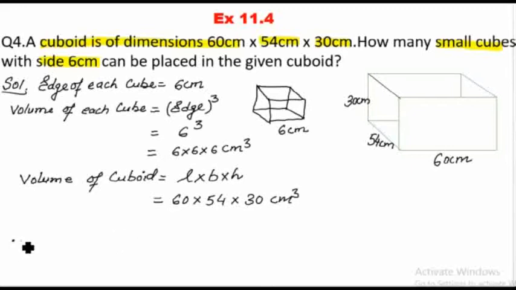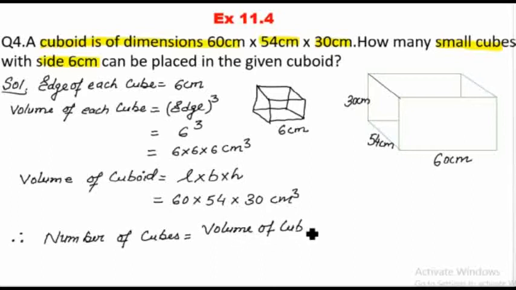So therefore number of cubes is equal to volume of cuboid upon volume of each cube.